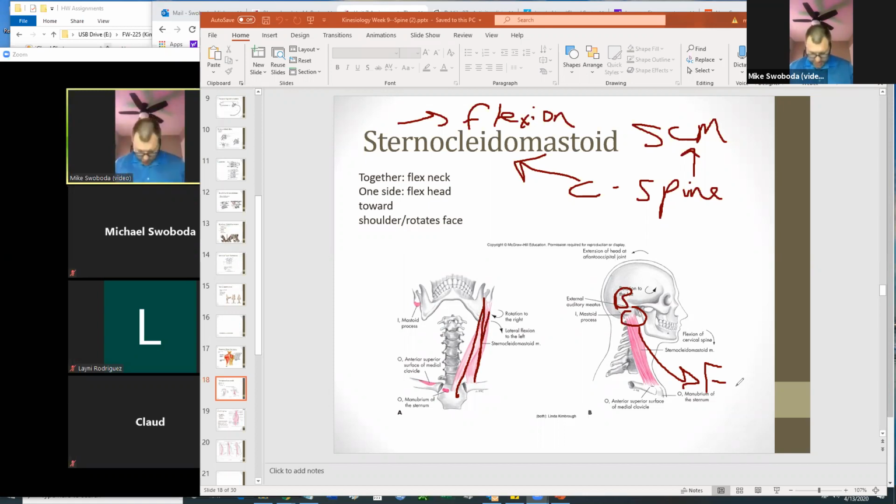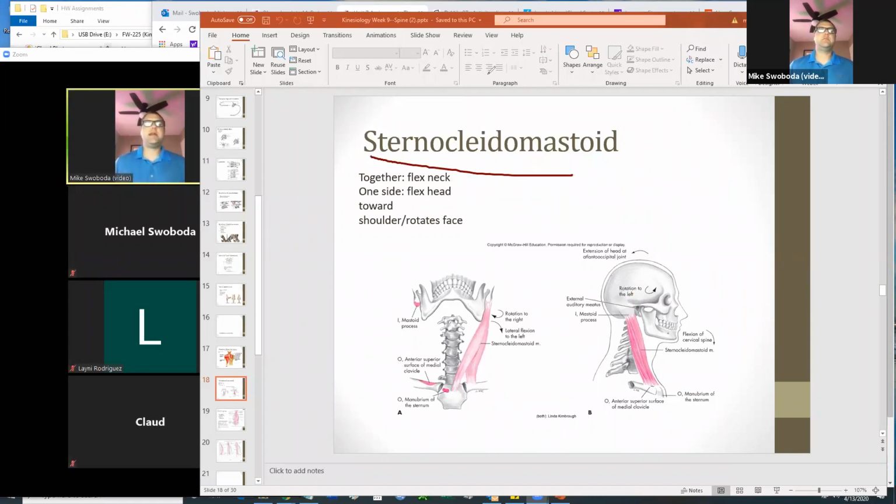So this here, forward flexion, lateral flexion, and it's going to help with rotation. Anytime I do lateral flexion or rotation, I am only moving one side. And this goes for any muscle in the spine. So if I'm doing lateral flexion, I'm only using this side of my muscle to move. This side here actually acts as an antagonist because it's trying to oppose that movement. So whenever you do a lateral flexion or a rotation, only one of those muscles are actually working. But SCM, flexion of the neck.